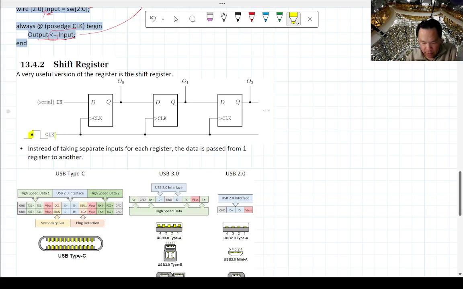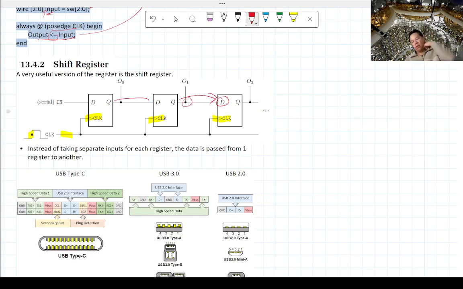There's still a positive edge, and the clock is still connected to all the clock inputs of these D flip-flops. But instead of each D having its own input from I0, I1, I2, the Ds are connected to the outputs of the previous flip-flop.